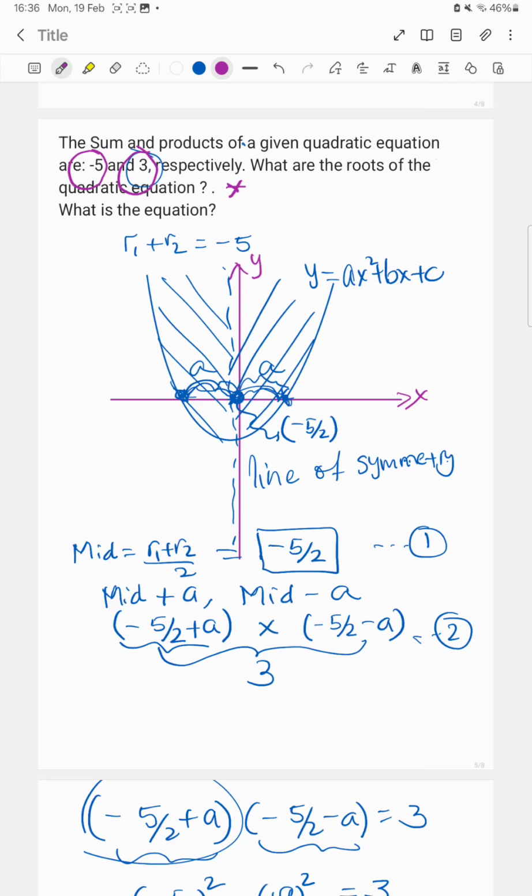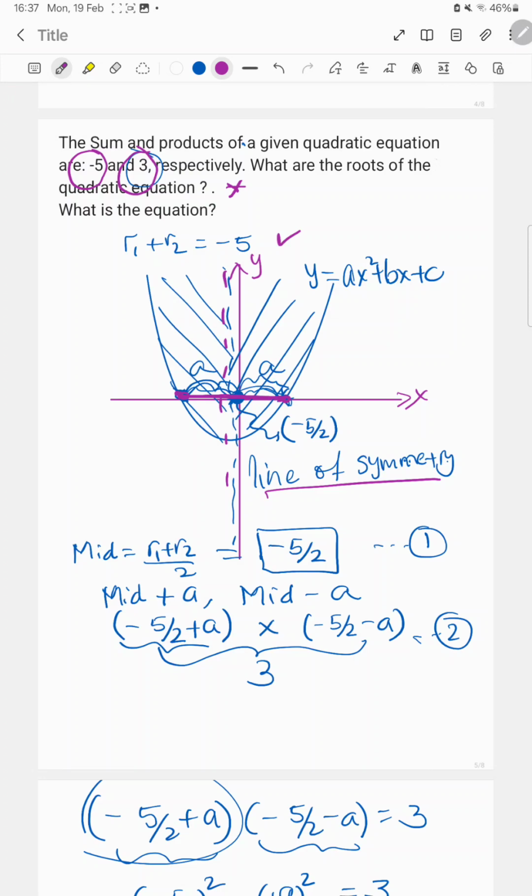Here we are given the sum of the two roots as r1 plus r2 is equal to minus 5. On a given parabola, we always have a line that divides the parabola into two equal parts. That vertical line is called a line of symmetry. Once we have a line of symmetry, we can have a horizontal line that connects the two roots of the quadratic equation.